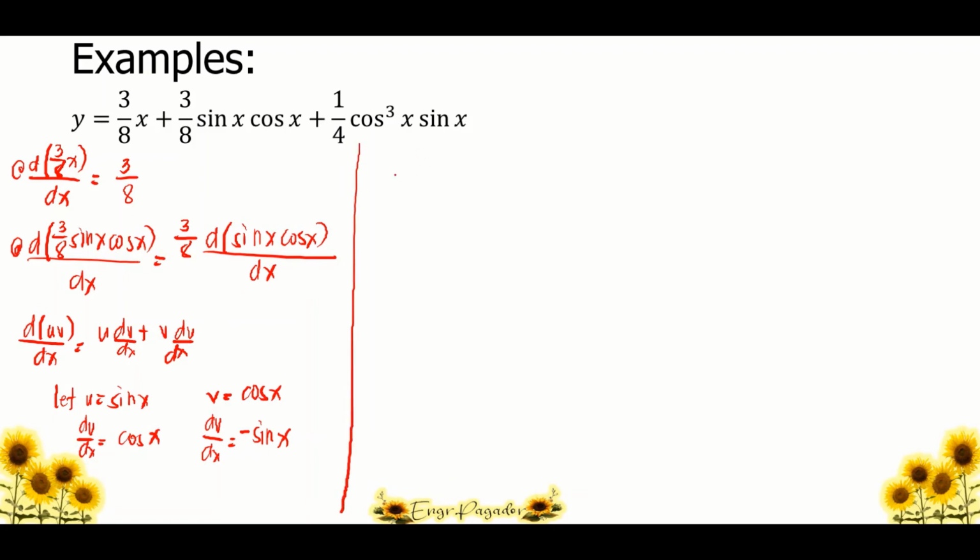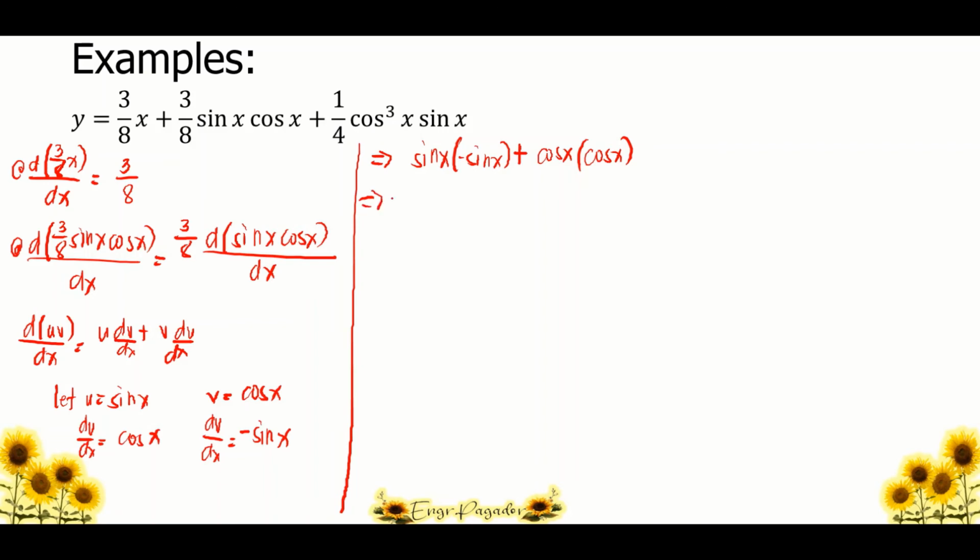So, ang mangyayari dyan will be u natin is sine x multiplied by dv over dx, which is si negative sine x. And then added to v, that is cosine x, and then multiplied with du over dx, and that is equal to cosine x.